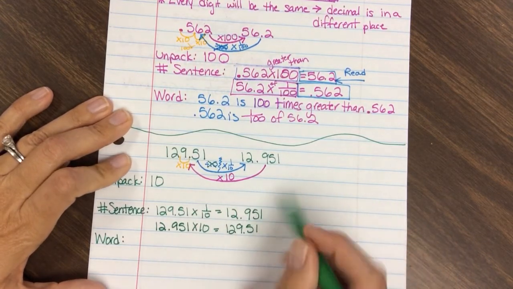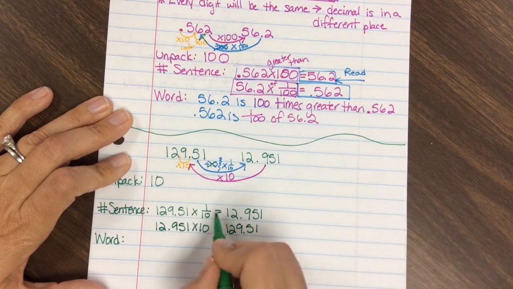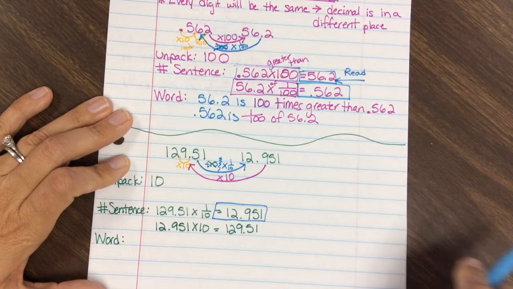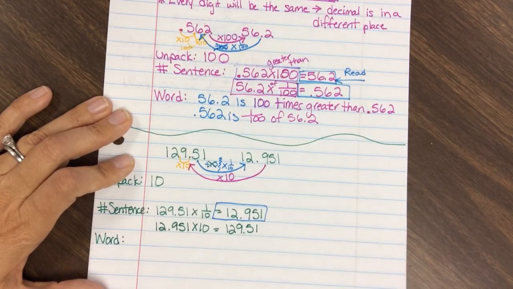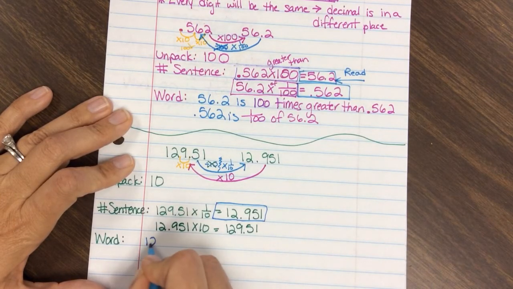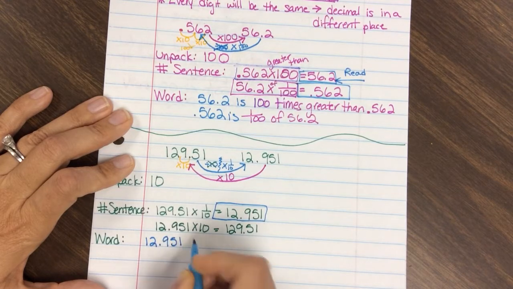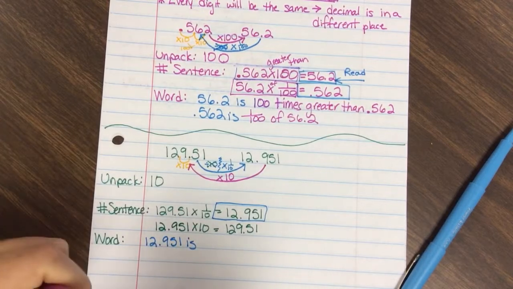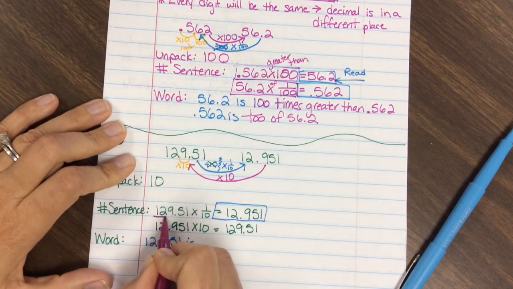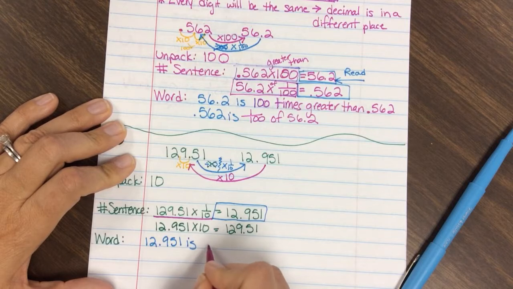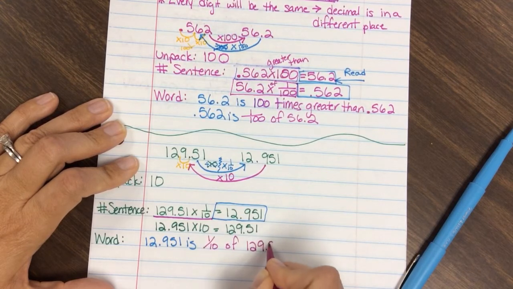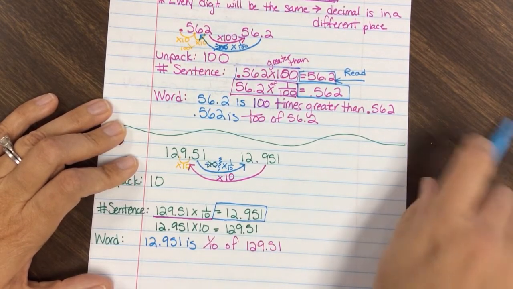Now we need to write these into words, and we work backwards. I'm going to start here. 12 and 951 thousandths is 1/10 of 129 and 51/100ths.